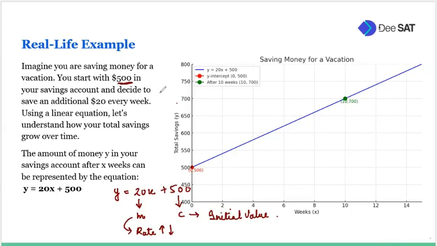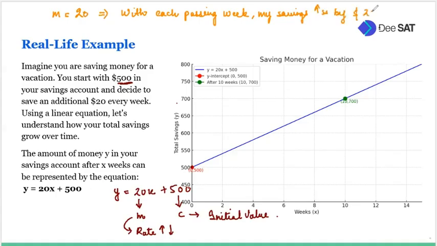Now, what is going to be my interpretation of the slope? For 20 as a slope, what I can say is that with each passing week, my savings increase by $20.